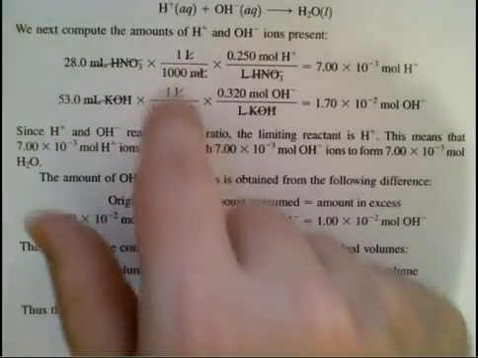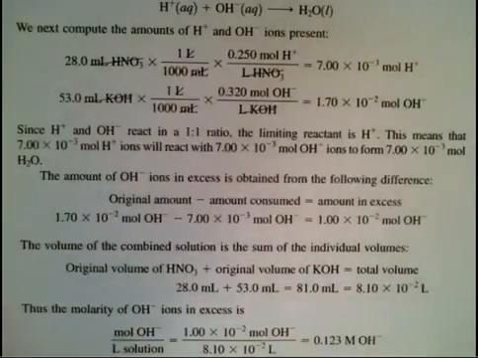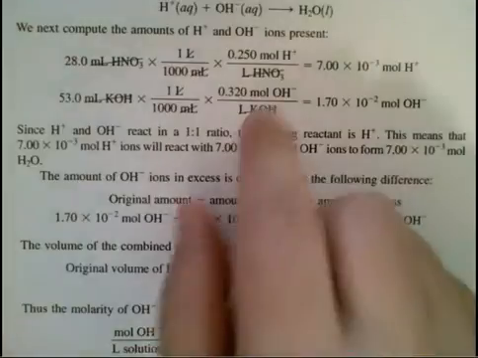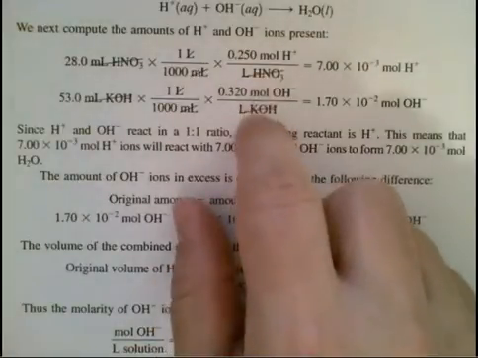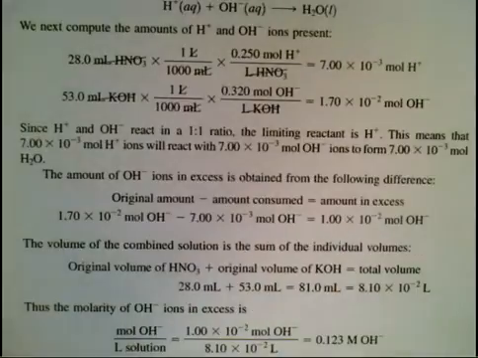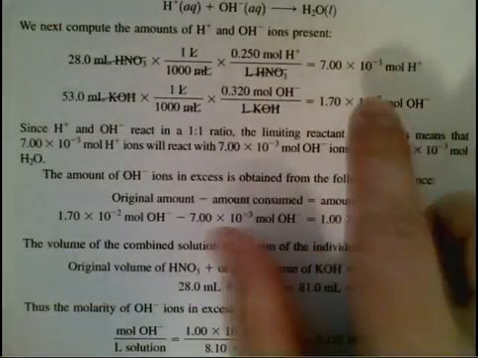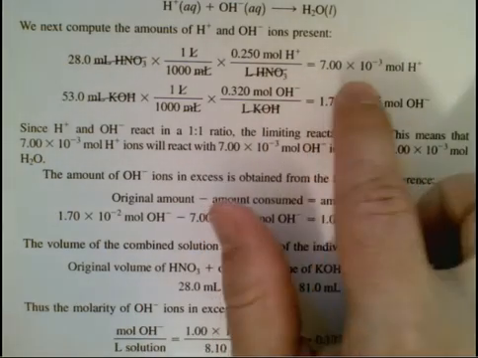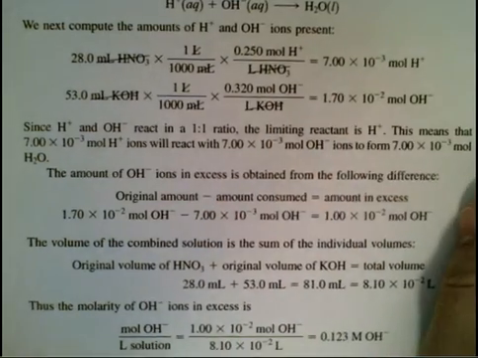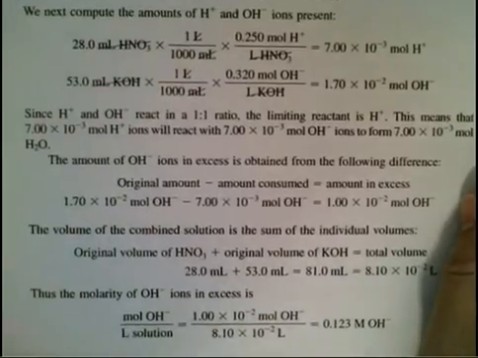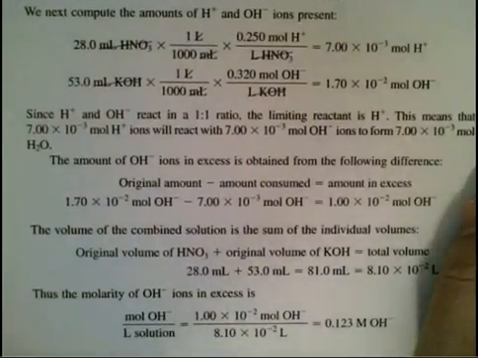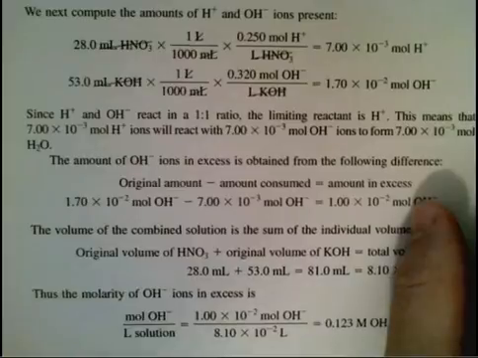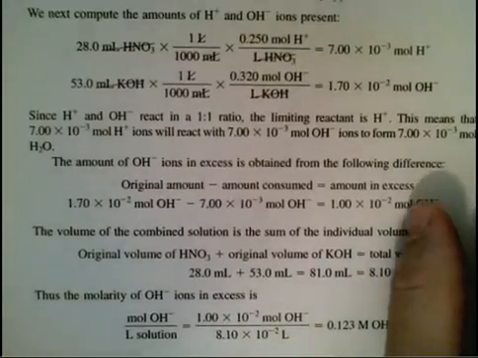We convert both values into liters so that we can use the molarity equation to cancel out liters of each solution to yield the moles of each ion in solution. And so after doing each of these calculations, we get 7.00 times 10 to the negative 3 moles of H+. And we get 1.70 times 10 to the negative 2 moles of hydroxide ions.